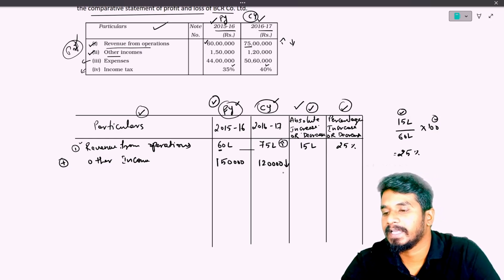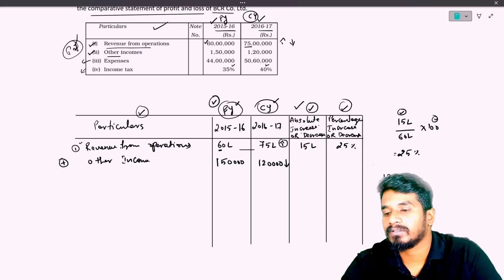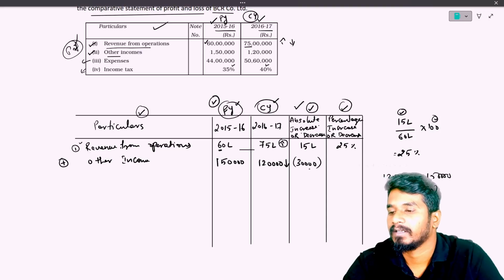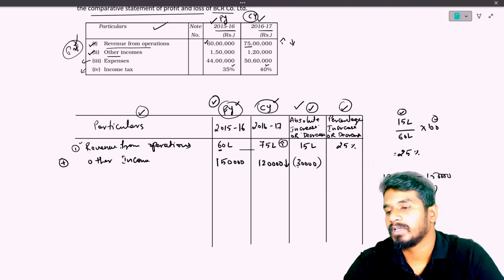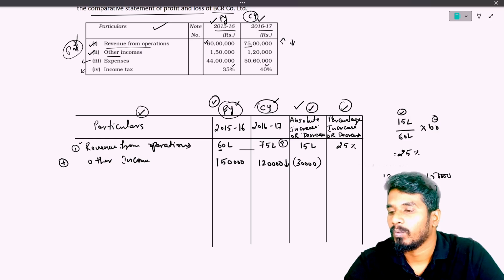Obviously, it has decreased. By how much? 30,000. That is 1,20,000 current year minus 1,50,000. That is 30,000 decreased, in a minus state. So 30,000 minus. What is the percentage of change? 30,000 is the change divided by 1,50,000 into 100.